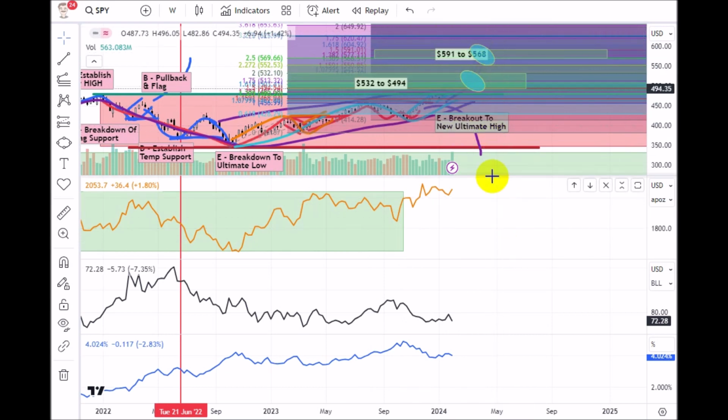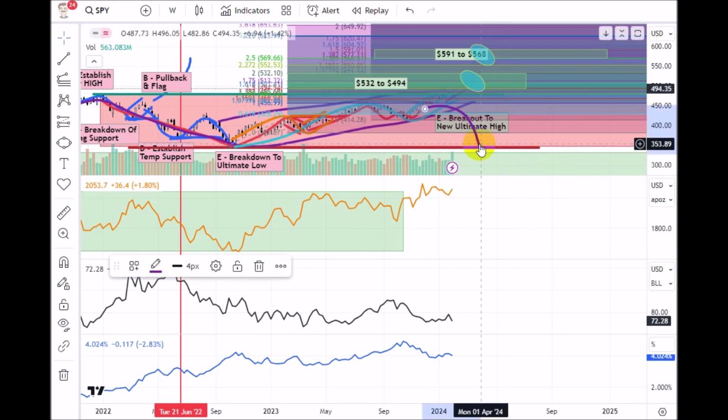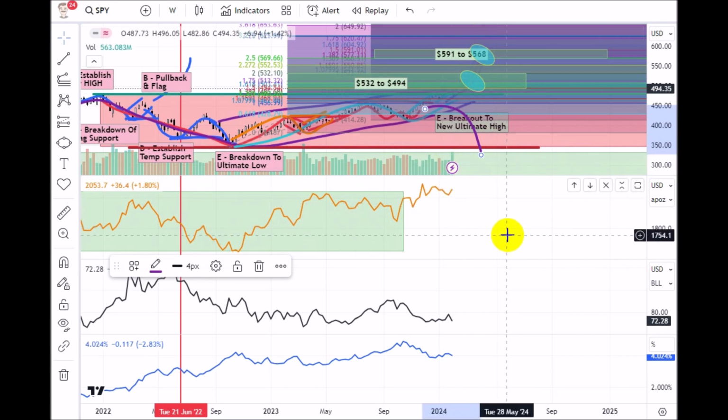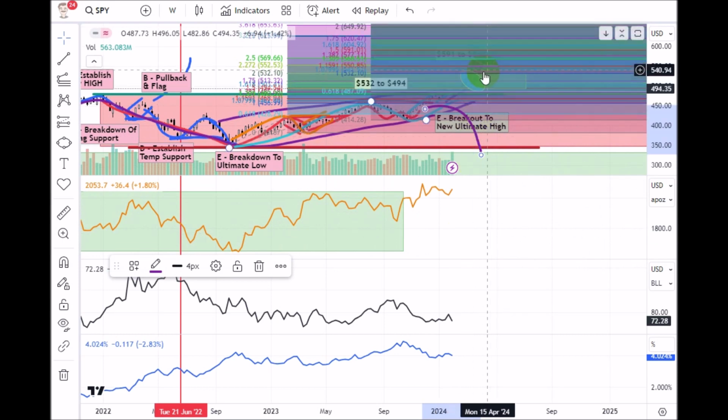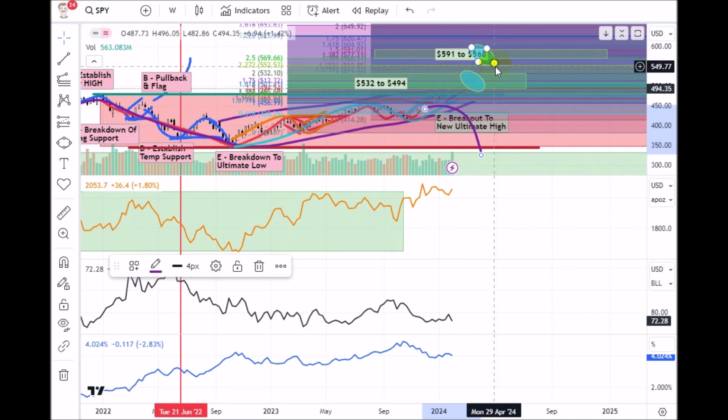So be prepared that the downside move, the end of this move, is not likely going to come over the next 2 or 3 weeks. It's more than likely going to come in the April, May, June area, peaking out up in this area, ending our wave. At this point would be a wave 5 or a wave 3 move, indicating that we get a wave 4 back to the downside.